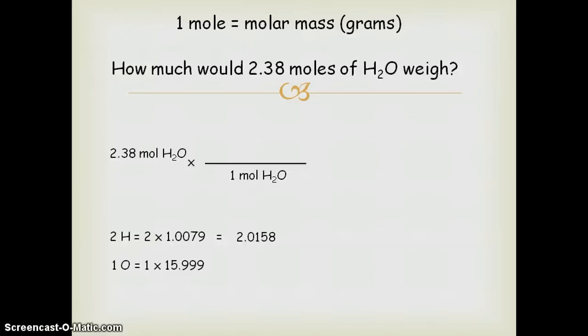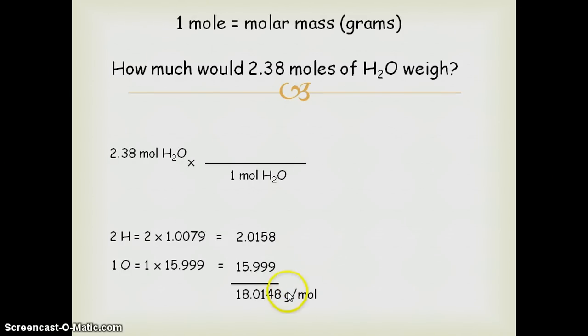Then we have 1 oxygen, and we multiply that by 1 because there's only one of them, and it is 15.999. And we take those 2 totals, add them together, and we get a total molar mass of water, which is 18.0148. Excuse me, that's grams per mole.